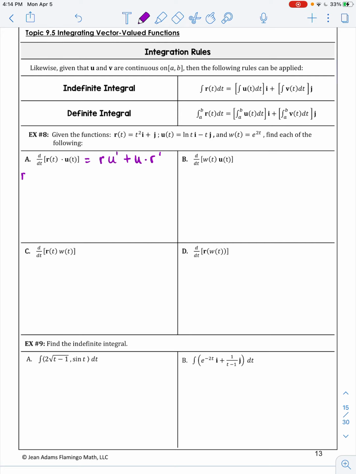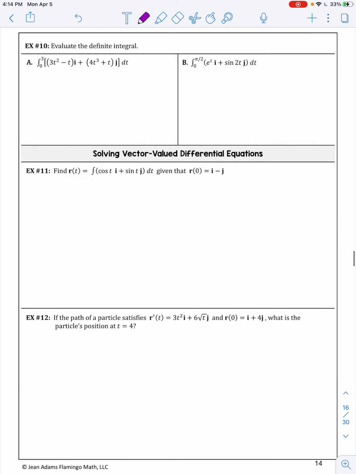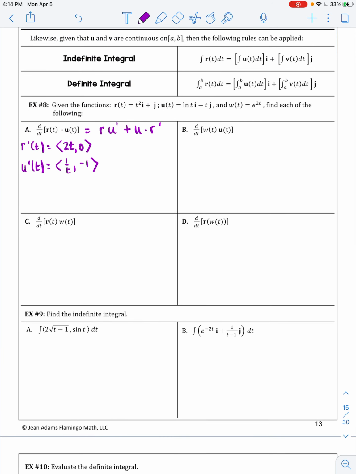And then just to the side, the r prime of t will be the vector 2t comma 0, because the derivative of t squared is 2t, the derivative of 1 is 0. And then your u prime of t would be 1 over t comma negative 1. So those are your two derivatives, and now we can apply this formula, okay?